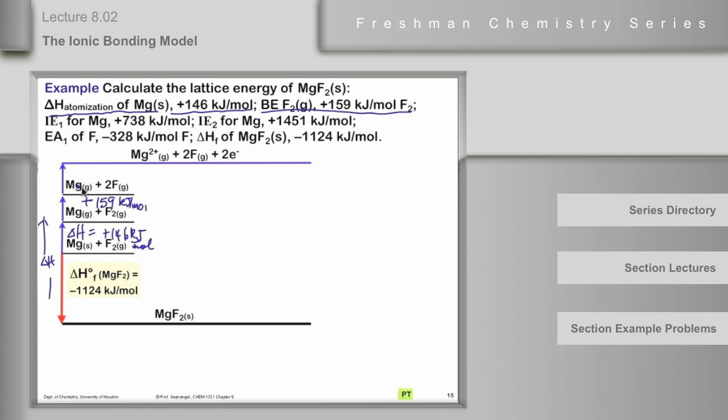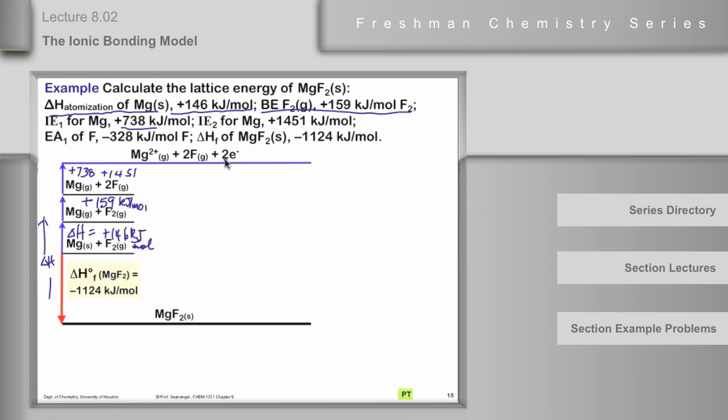So the separation between this level and the top level here is equal to the sum of the first ionization of magnesium, plus 738, plus the second ionization for magnesium, which is plus 1451 kilojoules. So that will take a mole of magnesium atoms, and it will make a mole of magnesium ions plus 2 moles of electrons. Is that good? Everything comfortable there?